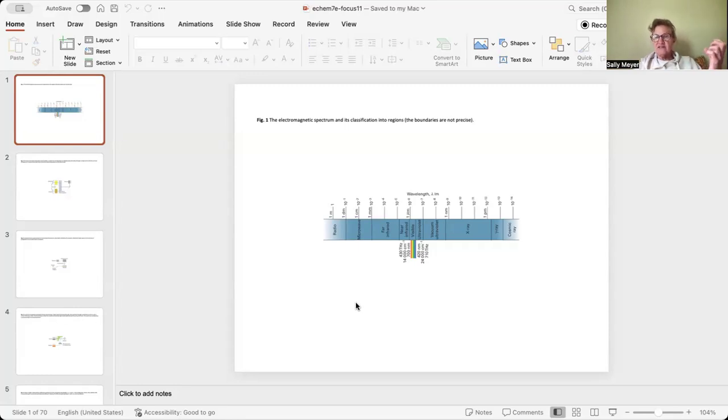So you can excite electrons to higher orbitals. You can excite a molecule to rotate with more energy, to vibrate with more energy, a combination of those. So we want to remember that the Bohr frequency condition tells us that if we know something about the light, we know something about the difference in energies.